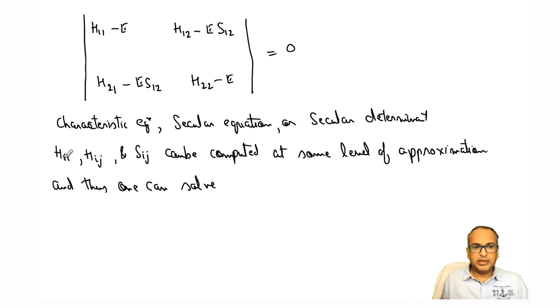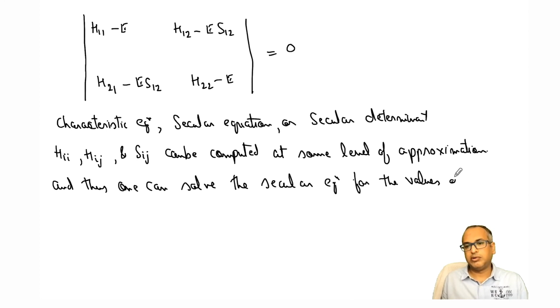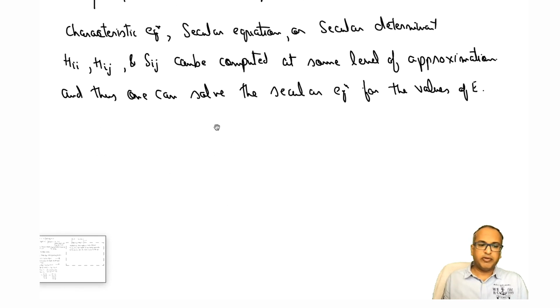Again, you can apply symmetry and group theory, or direct product to be very precise, to say which of these integrals will go to 0 and which not, and that will simplify your equation. So one can solve the secular equation for the values of E.